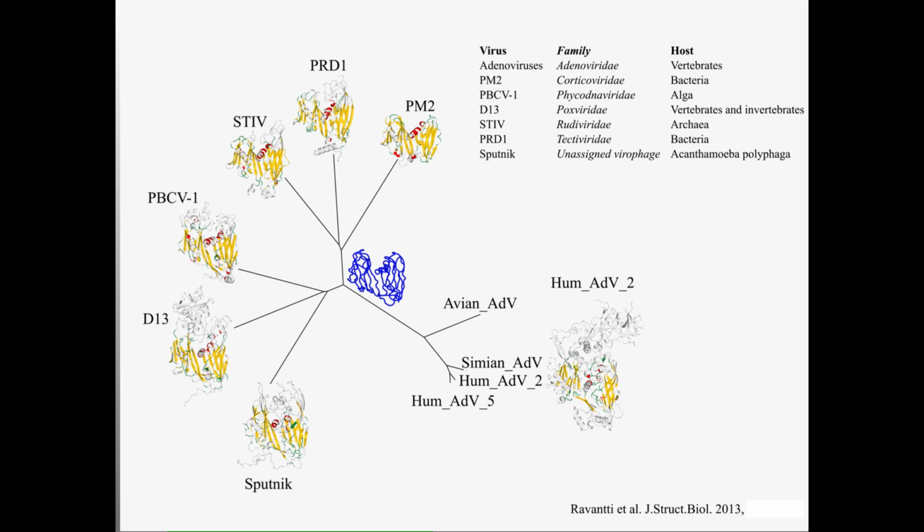Until we have time machines, we're never really going to be able to tell whether this is true. But it is rather striking that a number of viruses which infect completely different kinds of hosts, and when I say completely, I mean different domains of life, archaea, bacteria, and eukarya, have similar capsid proteins in their virions. And such similar capsid proteins that they're really kind of indistinguishable from each other.